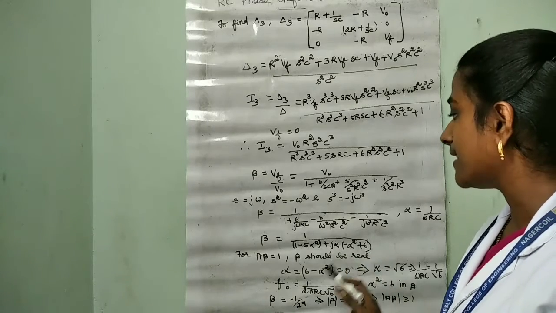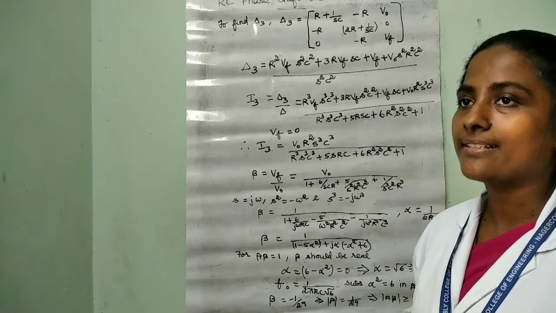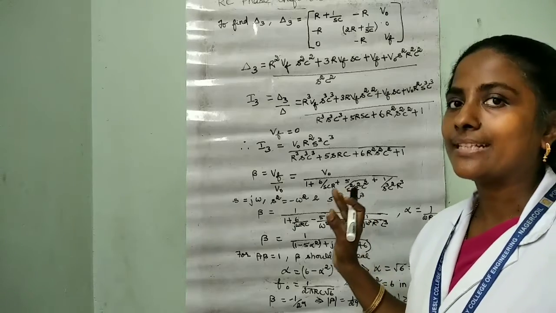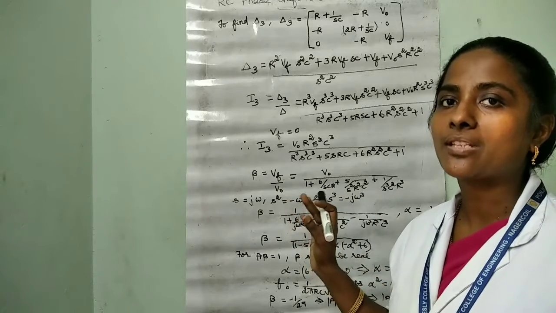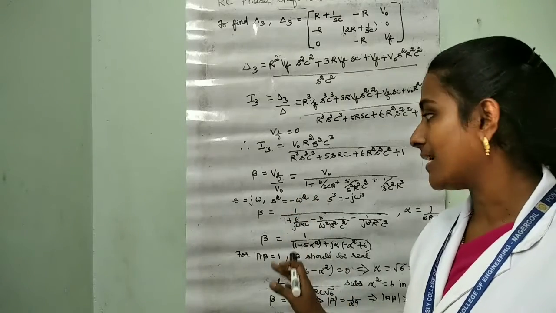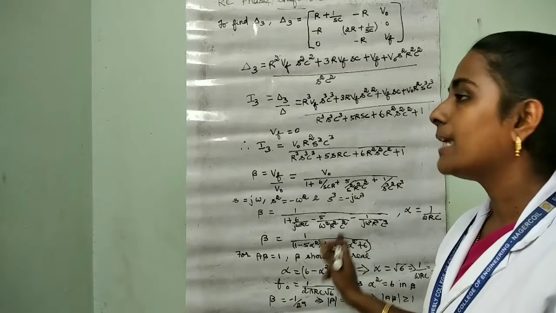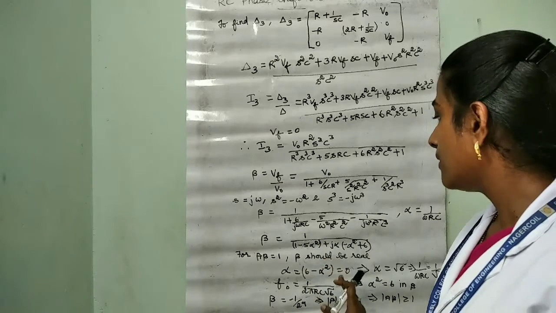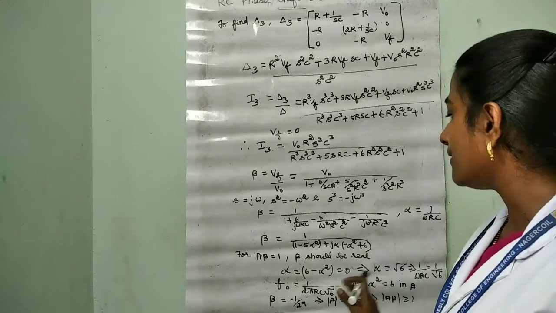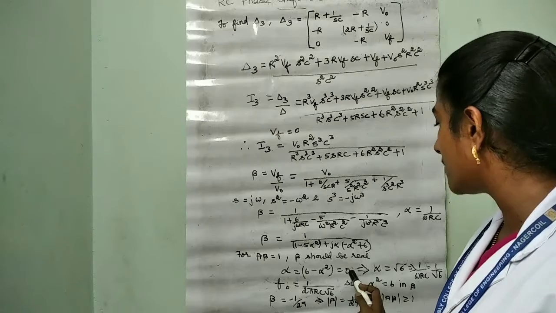Here we know that for oscillation, the loop gain should satisfy the Barkhausen criterion. So for A beta equal to 1, the beta value should be real. Equating the imaginary part to 0, you will get 6 minus alpha square is equal to 0.